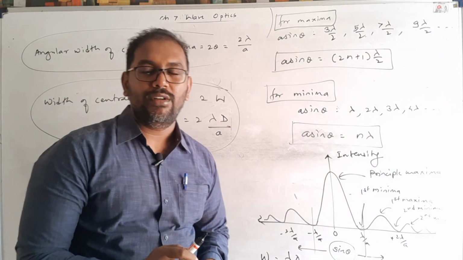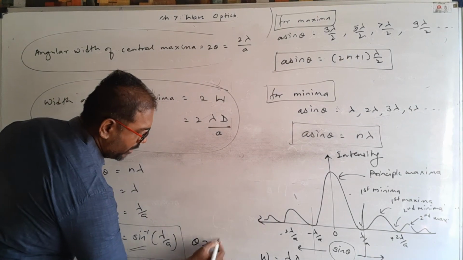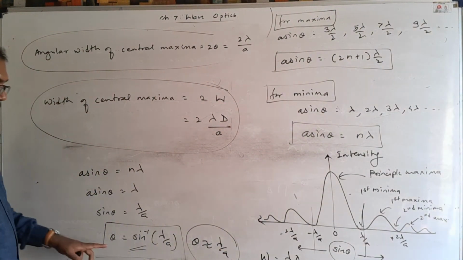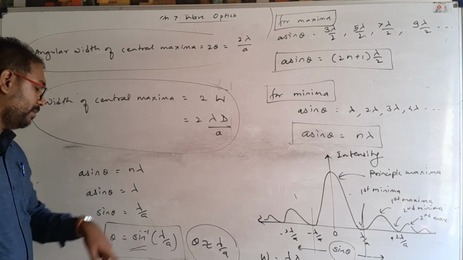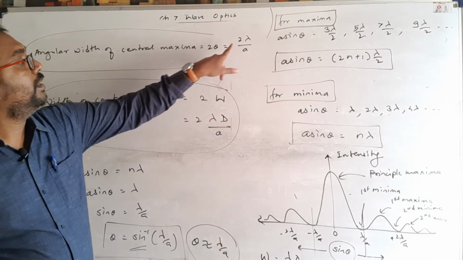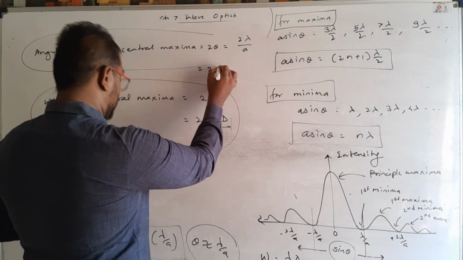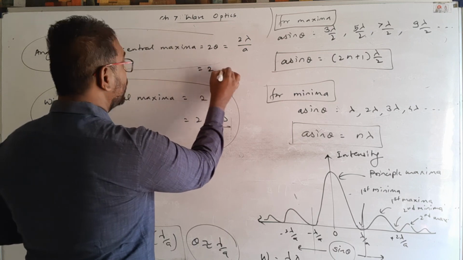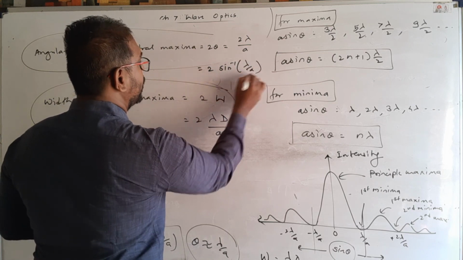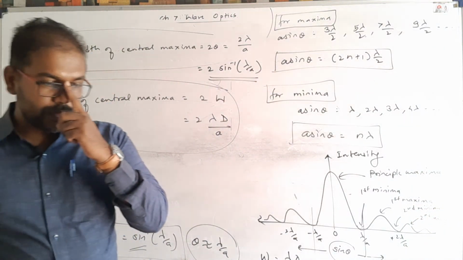This angle is very small, so I can write theta nearly equal to lambda by a. The exact value of theta is sine inverse of lambda by a, but I am using lambda by a. So if I write the exact one, it is 2 sine inverse lambda by a. This is the formula for angular width. Okay.